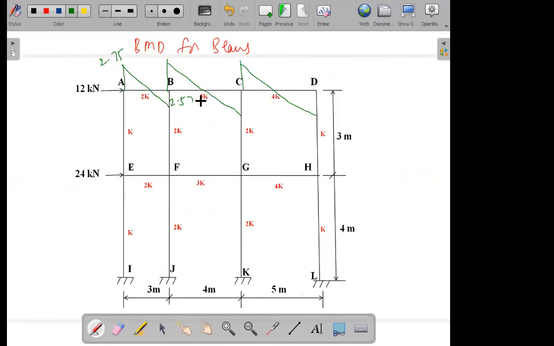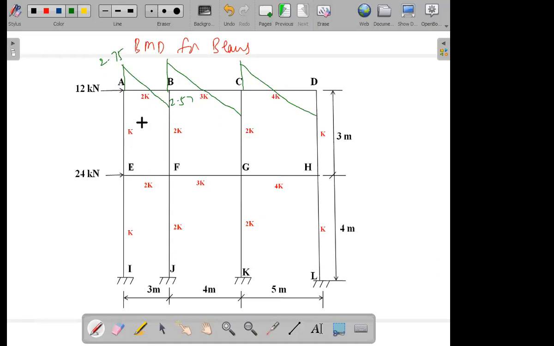Remember that in this problem, while drawing the bending moment diagram for beams and for columns, it is not necessary for the inclined line to cut at the center. That is the important point. Based on the values you got, you can draw these diagrams. The point of contraflexure need not occur at the center. That is not our assumption.